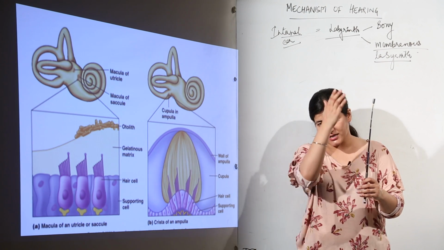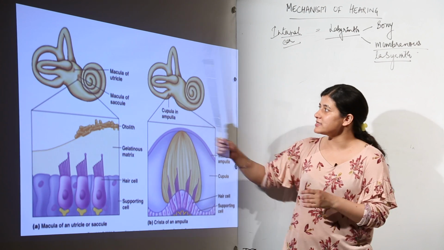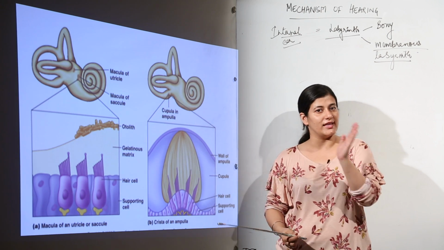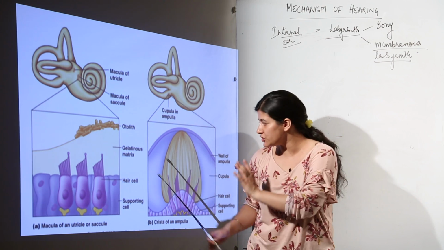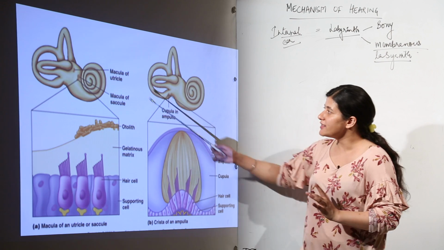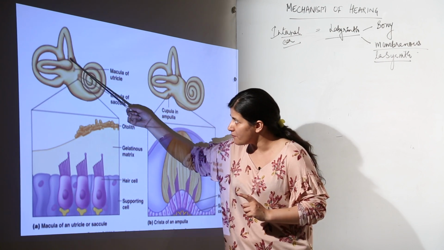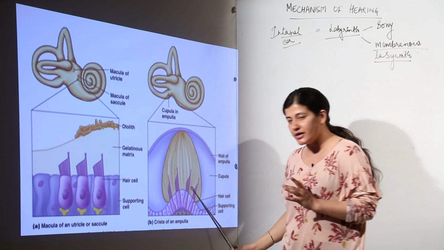They are present at 90 degrees to each other, and this 90 degrees is responsible for that particular equilibrium condition. What you have to remember is that the crista ampullaris in the ampulla has hair cells.